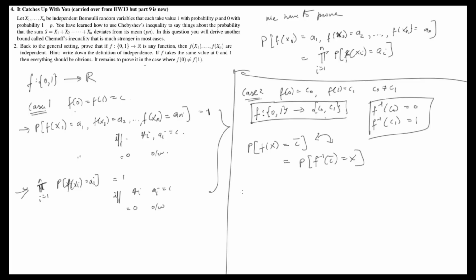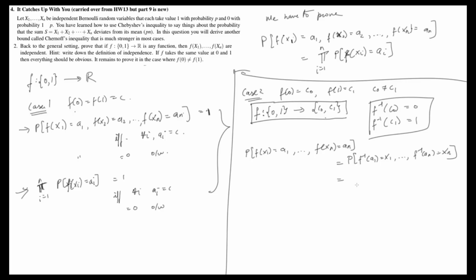So now I'm going to erase this, and I'm going to take the left hand side. Probability of f of X1 is equal to a1 all the way to probability of f of Xn is equal to an can be written as the probability that f inverse of a1 is equal to X1 all the way to f inverse of an is equal to Xn.